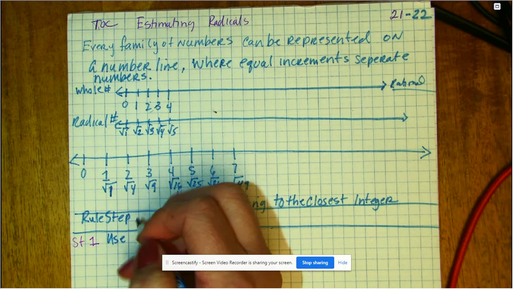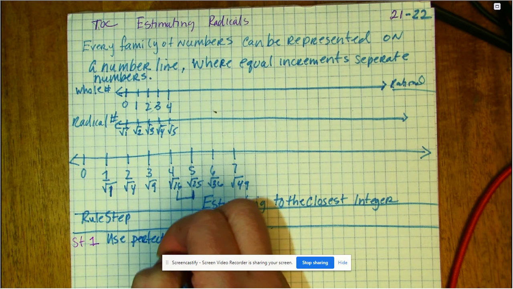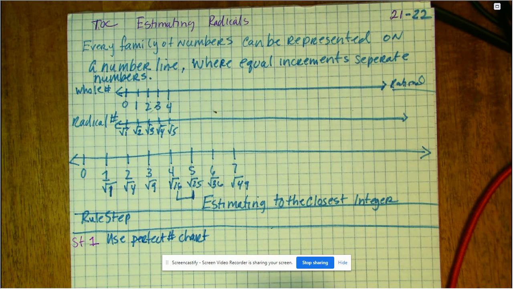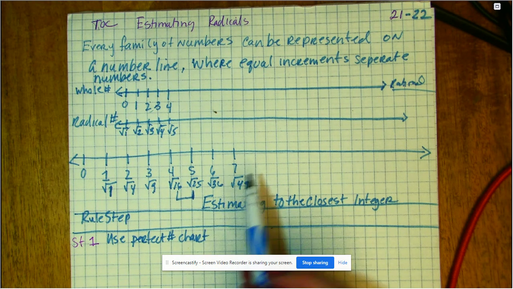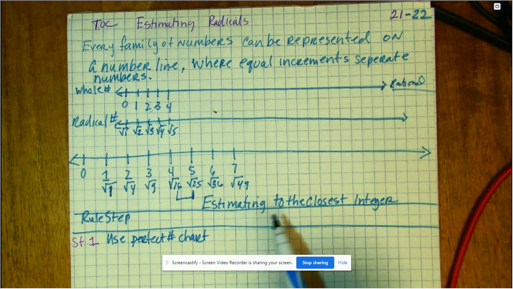Use the perfect number chart that you're given, or your calculator, or maybe just in your brain if you know the perfect numbers. Remember, these are your perfect numbers: 4, 9, 16, 25, 36, 49. Those are perfect numbers because when we take the radical of them or the root of them, they give us an integer answer or a whole number.